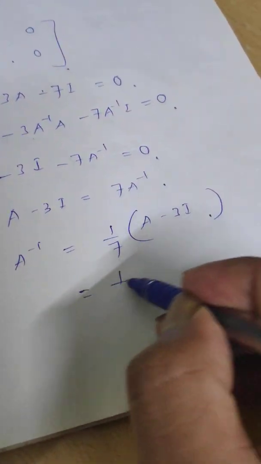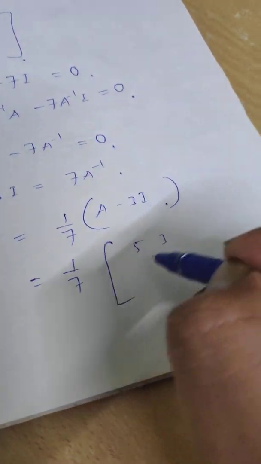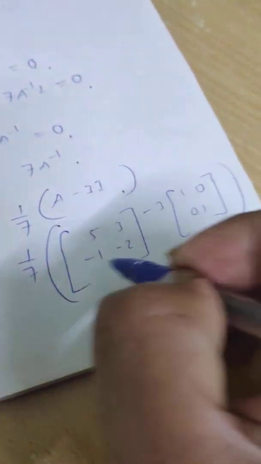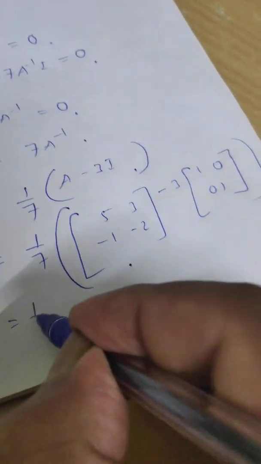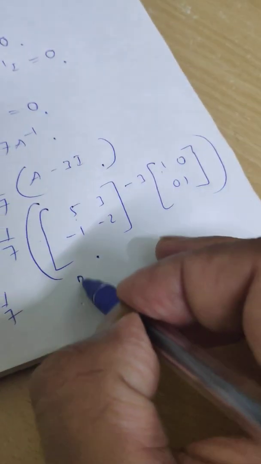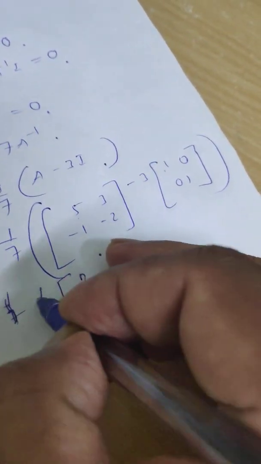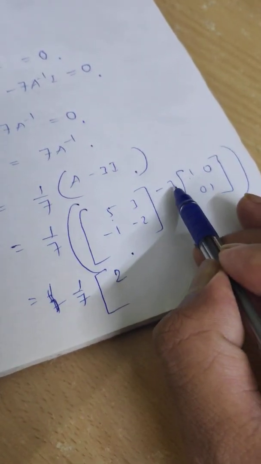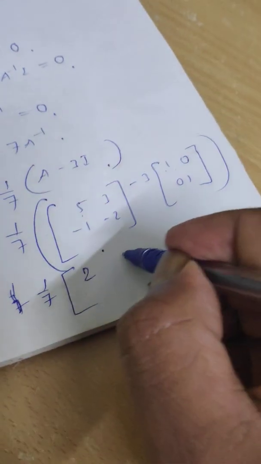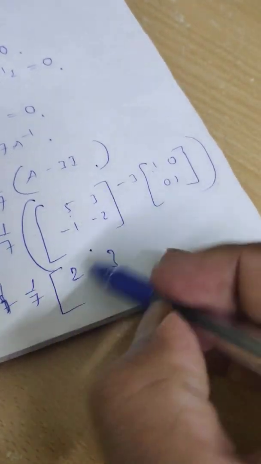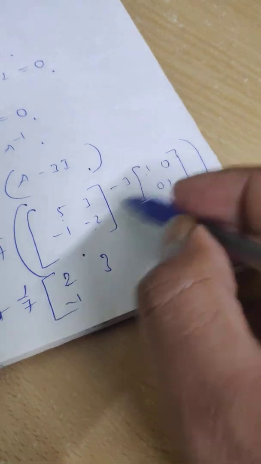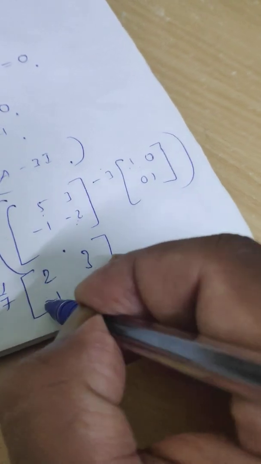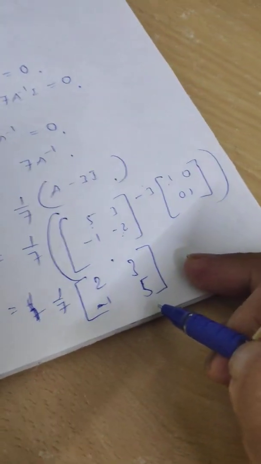So this will be equal to 1 by 7 times: A is 5, 3, minus 1, minus 2, minus 3I, where I is 1, 0, 0, 1. Now calculate: 5 minus 3 is 2, the next one is 3, this one is minus 1, minus 2 plus 3 is 1... wait, minus 2 minus 3 is minus 5.